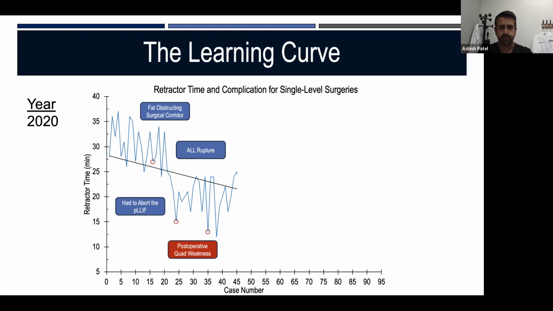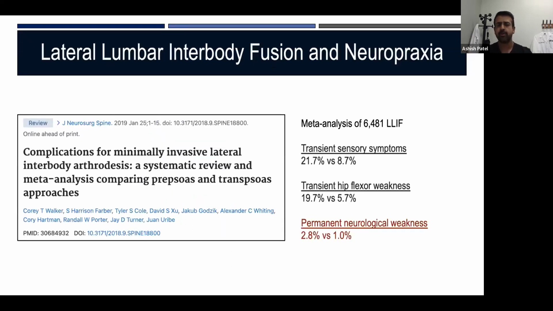So we know also that L4-5, as you start to get more comfortable doing lateral, you are doing more 4-5. And it's not unique to the prone position. Having postoperative neuropraxia has been reported in the literature to happen and occur around somewhere between 1% to 3%.